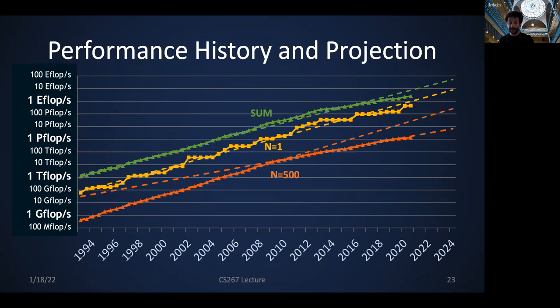And if this continues, the processor at number 500 will be lagging by a factor of 10 from its historical trend line. Note that the y-axis is logarithmic. The change might look minimal, but it has a huge impact in actual numbers. And the sum also started dropping from its historical trend a little later, you can say 2015 is when this happened.